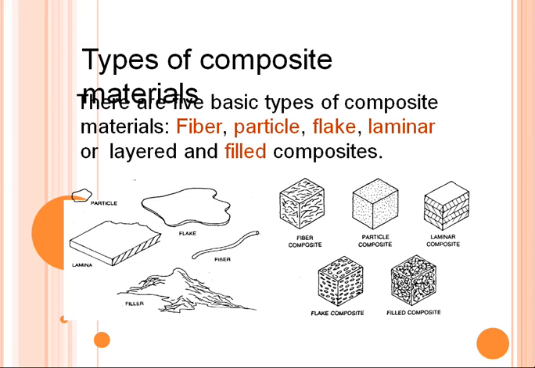The filler material will be decided based on what material we add. So fiber composite, particle composite, laminar composite, flake composite, filled composite: like this, different materials are added to the base material, and according to that the composite has been defined.